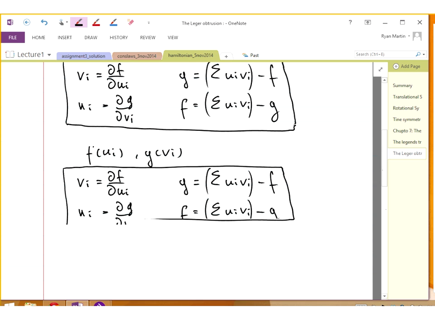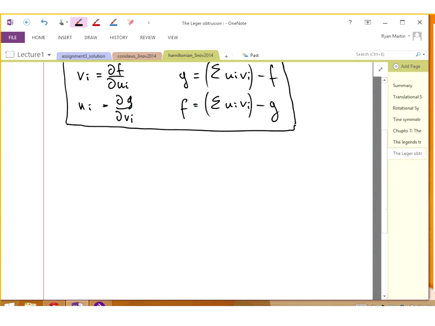All right, so let's do this whole thing again. But now let's suppose f is a function of two sets of variables. So let's call them u1 all the way to un and w1 all the way to wn.